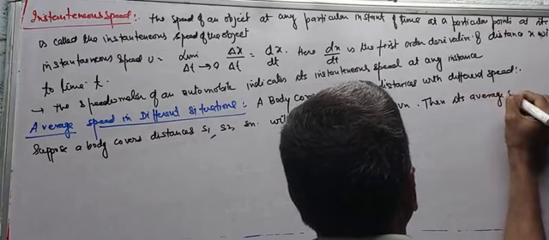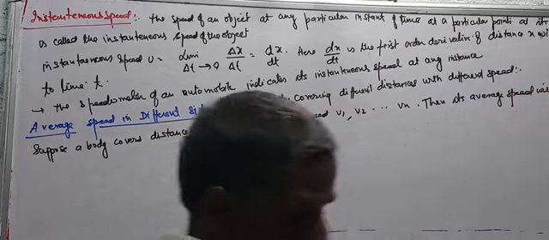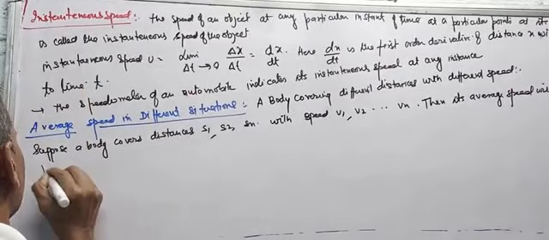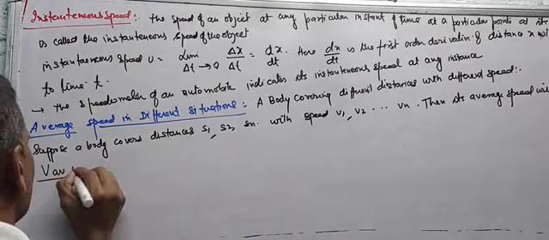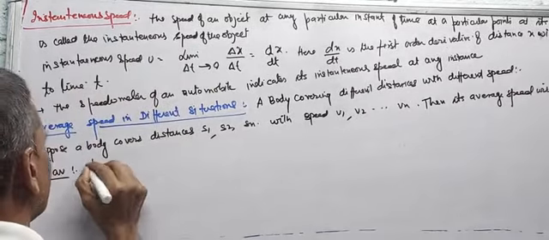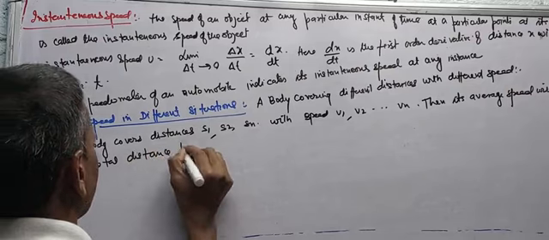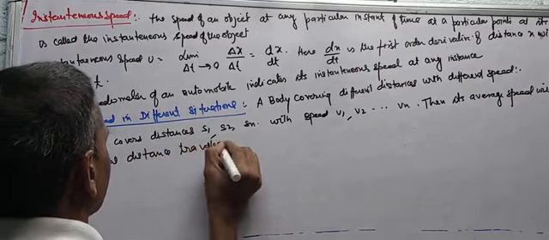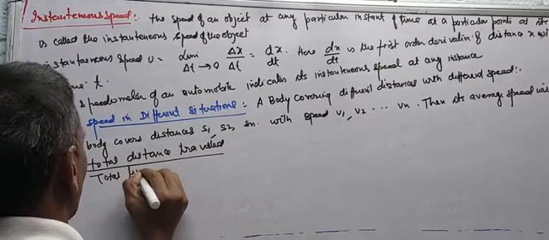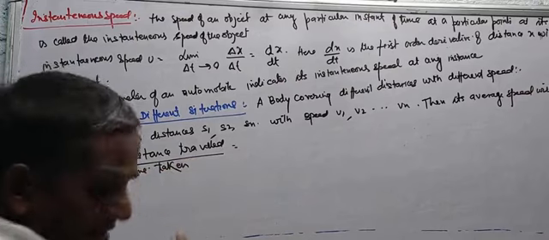its average speed will be v average equal to total distance traveled upon total time taken.